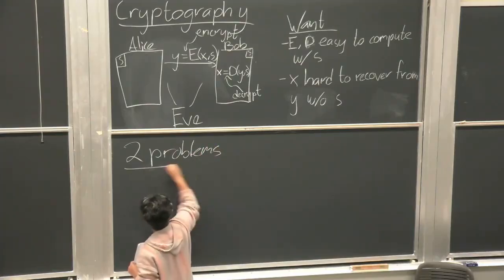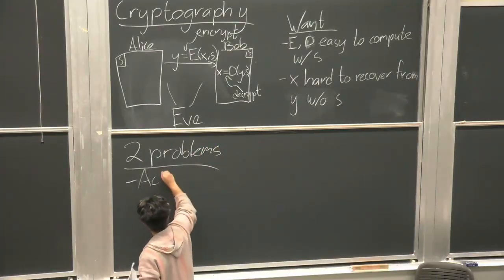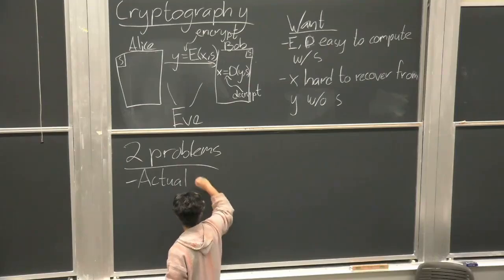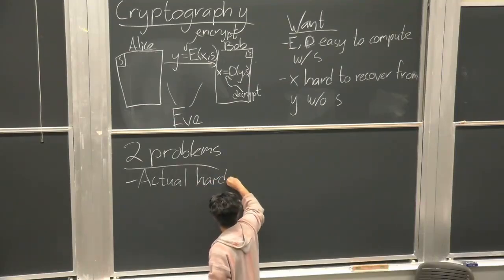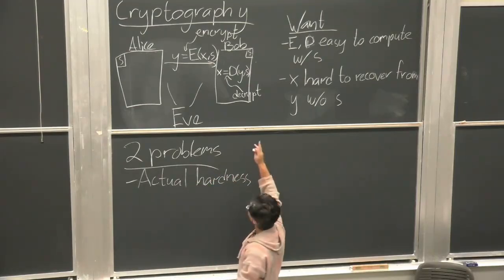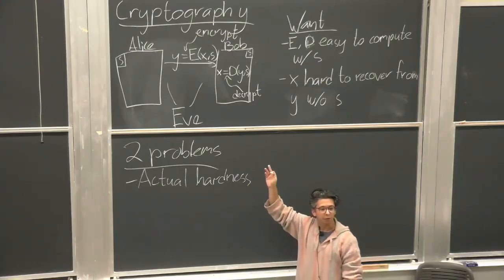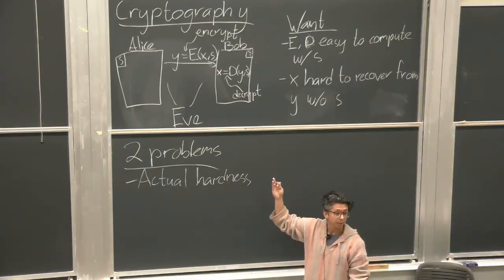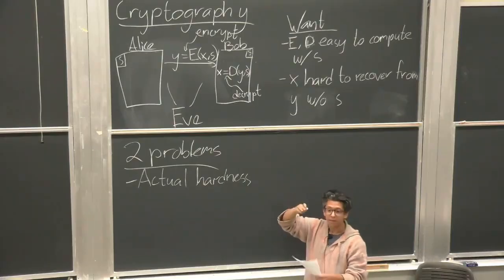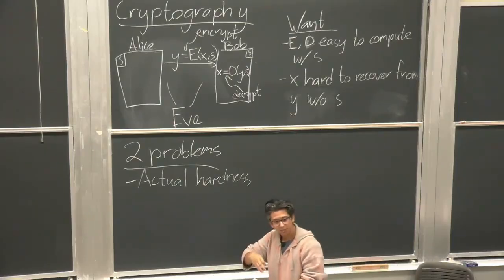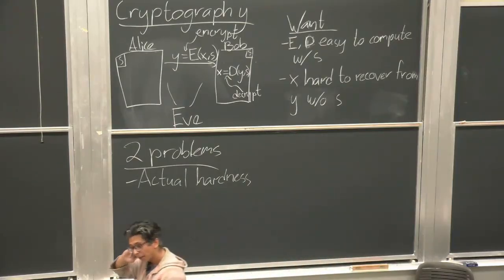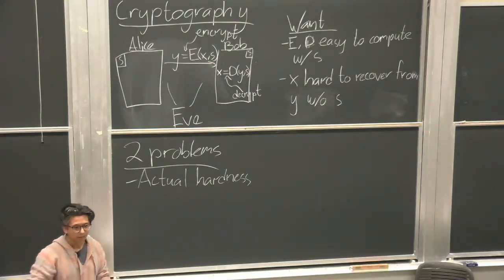One is, what is actual hardness? The problem is that people have been doing secret key cryptography for as long as we have history that we know about. People have been trying to encode messages so that they're hard to read, and people always break them.